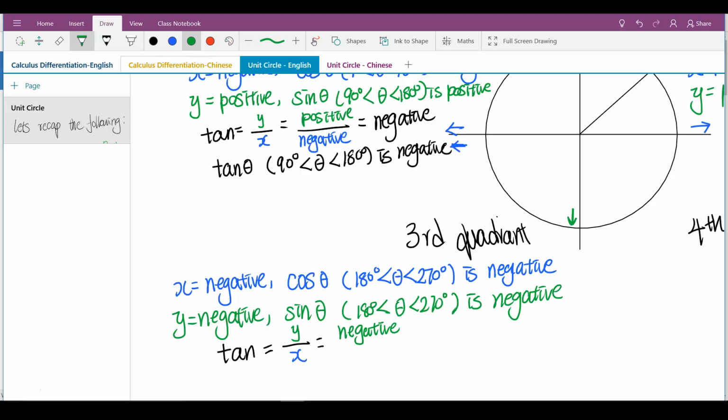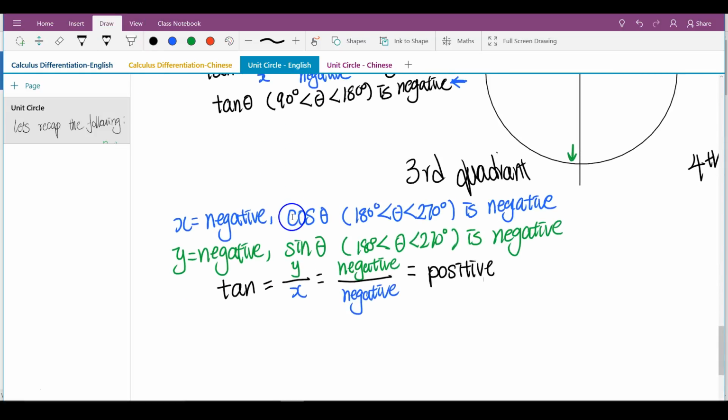So it's negative over negative, and our final product will be positive. Negative divided by negative gives you a positive answer. That is why in the third quadrant, tan theta, given that theta is less than 270 degrees and bigger than 180 degrees, will be positive.